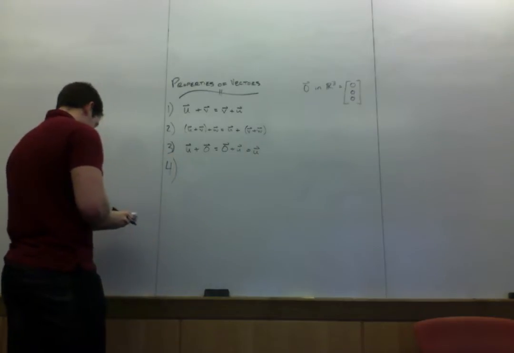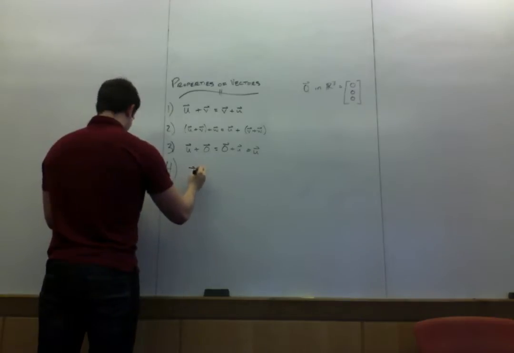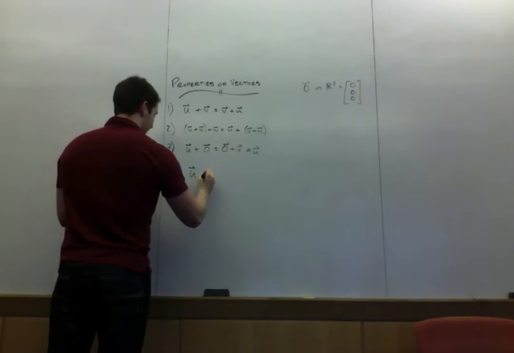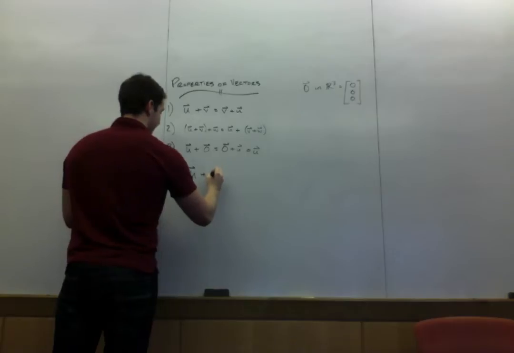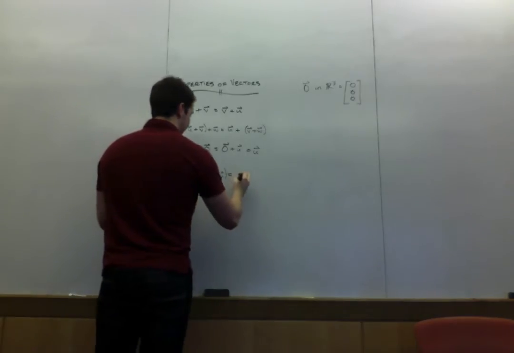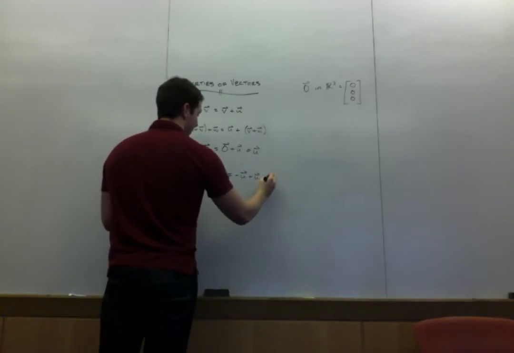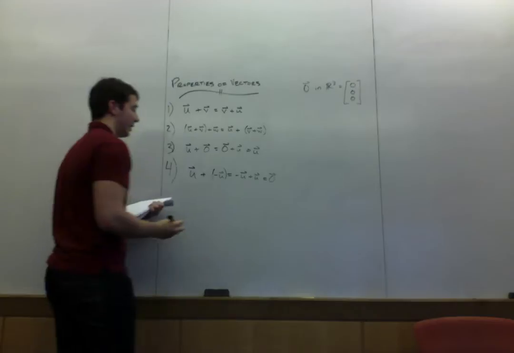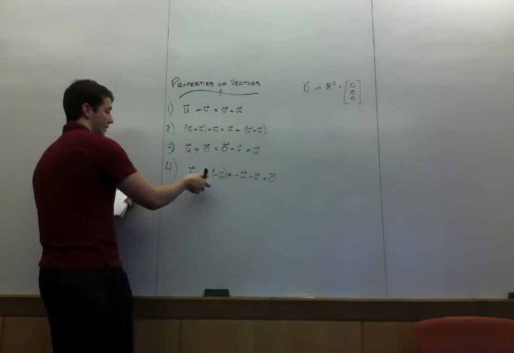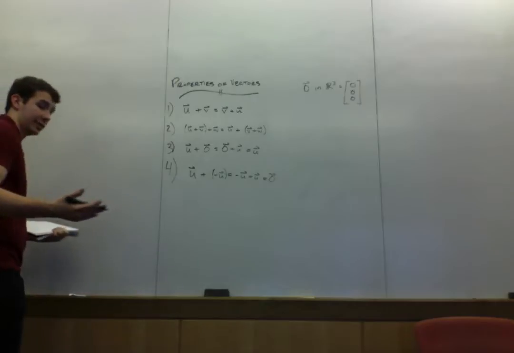All right, moving on, property 4: u plus negative u is equal to negative u plus u, which is just the 0 vector. So again, we can see that we can add in any order, and this is just adding a vector to its opposite.